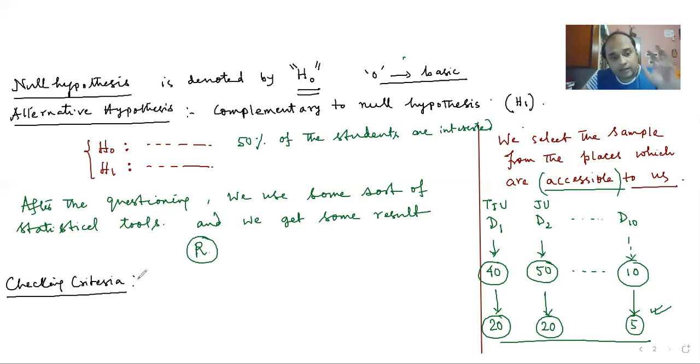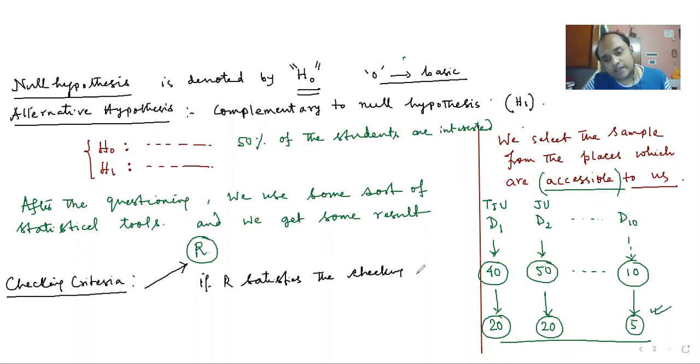So we shall try to apply this checking criteria on R, and if R satisfies the checking criteria, then we say that our null hypothesis is accepted.